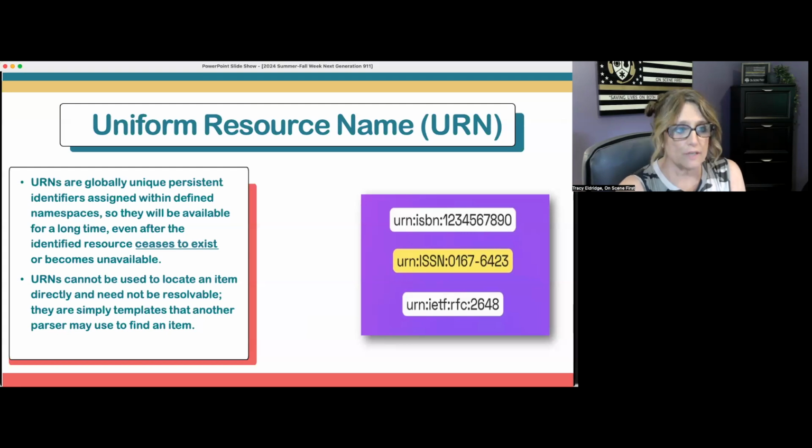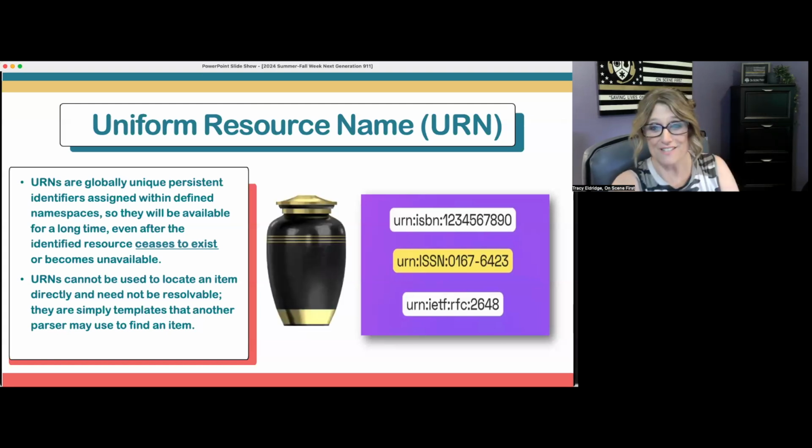URNs are globally unique, persistent identifiers assigned within defined namespaces, so they will be available for a long time, even after the identified resource ceases to exist or becomes unavailable. In other words, when we pass on, and you see the connection, the URN, get it?